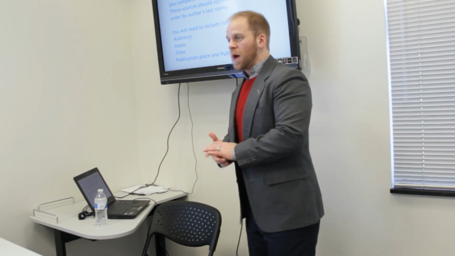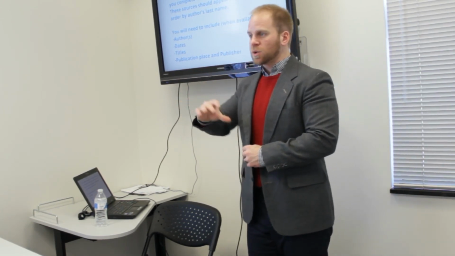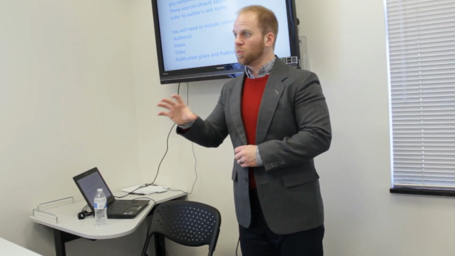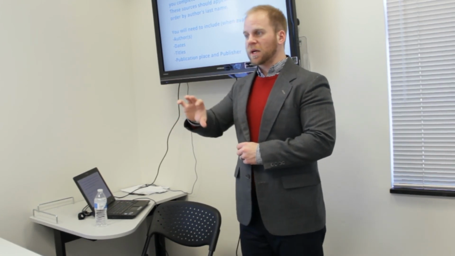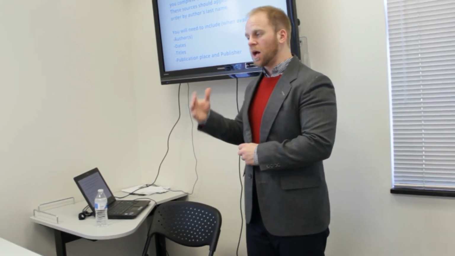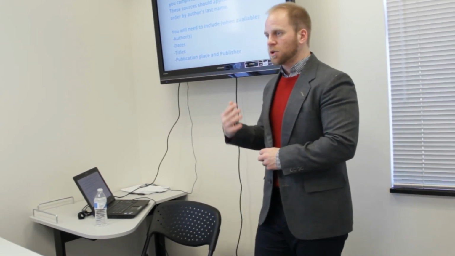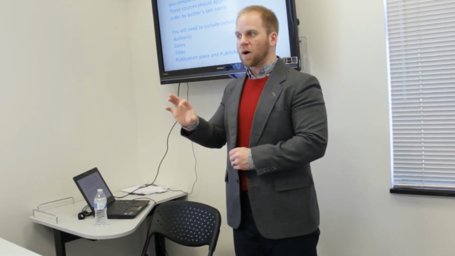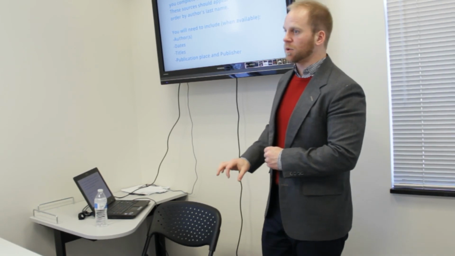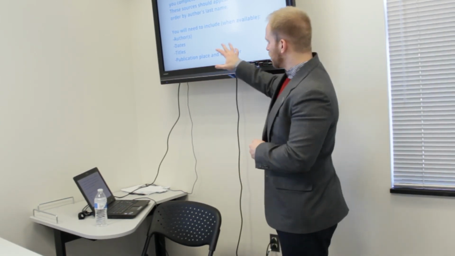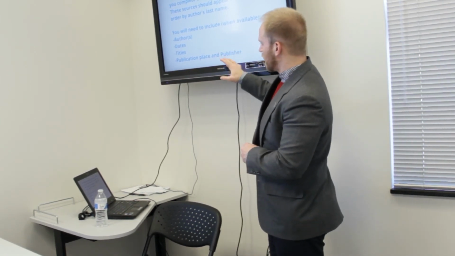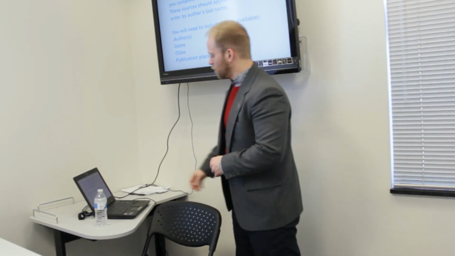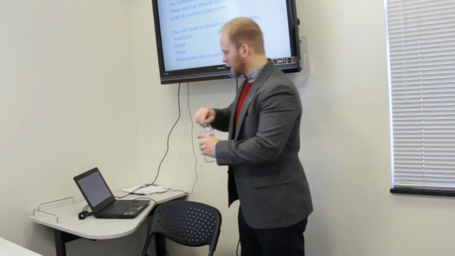Books, okay? So everything that we're going to talk about spirals out from the simple book format, and you may have to make a few tweaks or adjustments, but a lot of the elements are going to be the same. So if you can feel pretty comfortable with the book format, you can figure out where those adjustments need to be made with other formats. So these are the main things that you need: your authors, dates, titles, and your publication information.